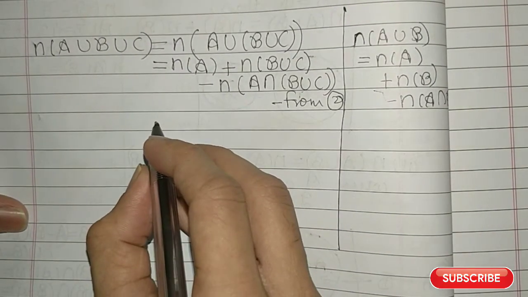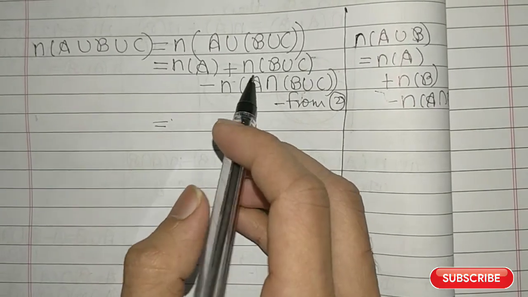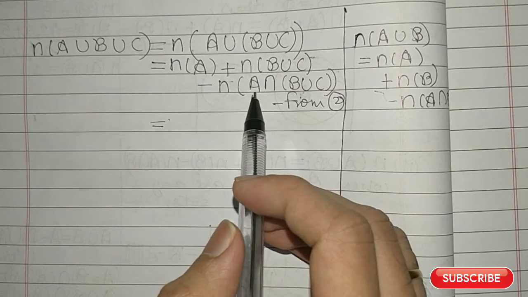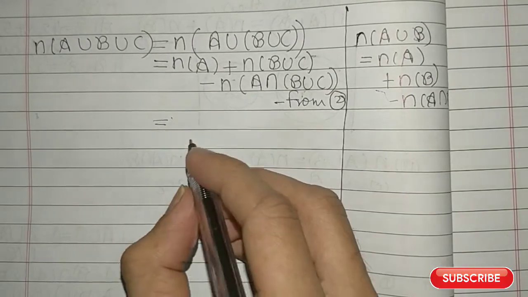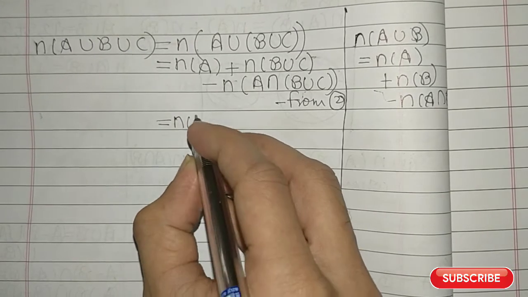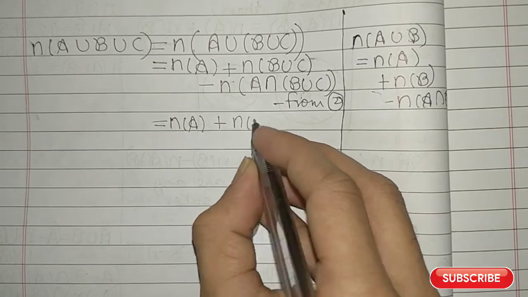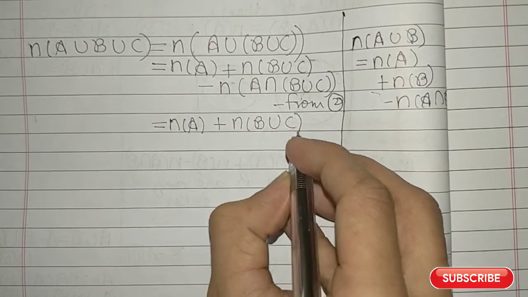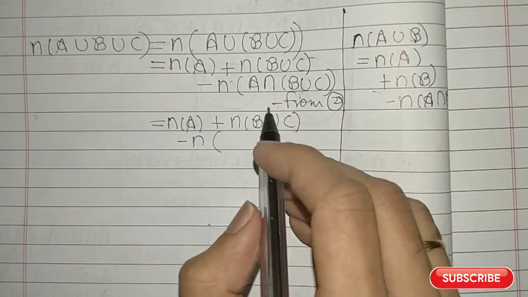Now if we proceed, what you will get here? So now what I will do is I will use the distributive law here, okay, for this set. So n(A) plus n(B union C) minus n. So the distributive law is what?